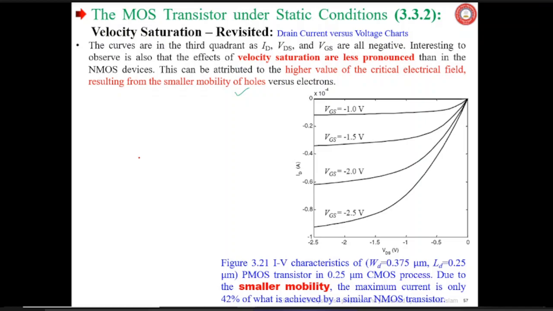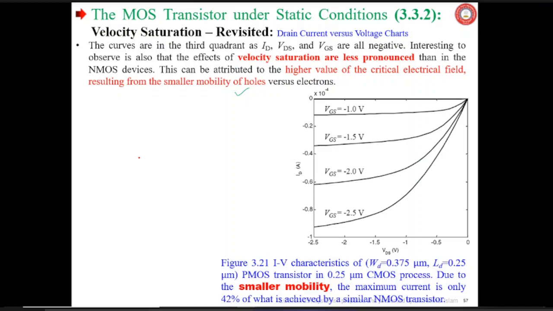So due to smaller mobility of hole, the saturation occurs at higher electric field. So the impact of velocity saturation is less pronounced in PMOSFET. It occurs, but at higher electric field because of lower mobility of the hole.